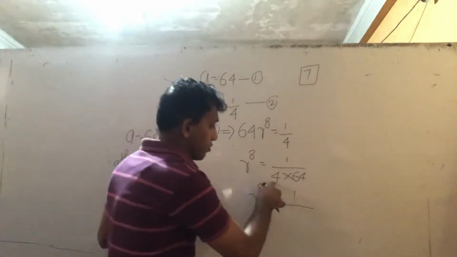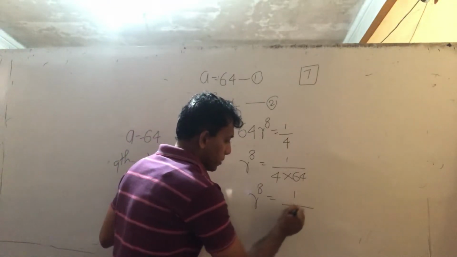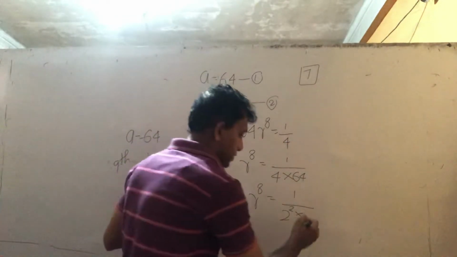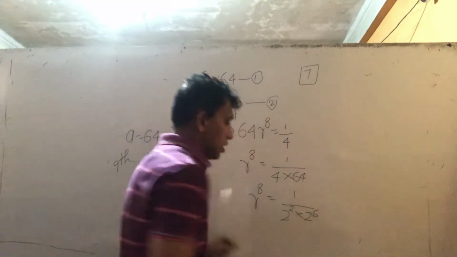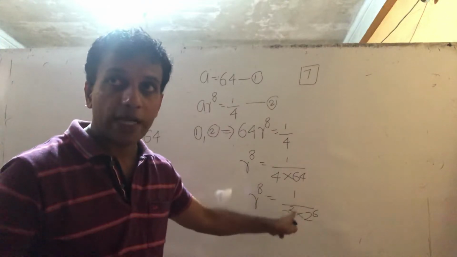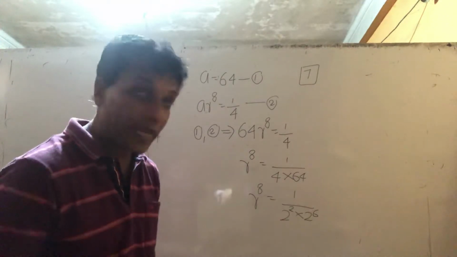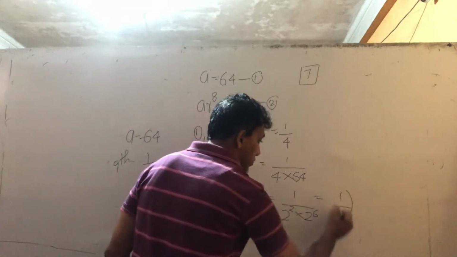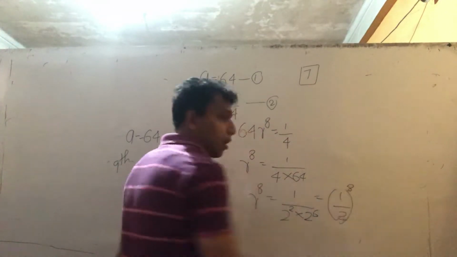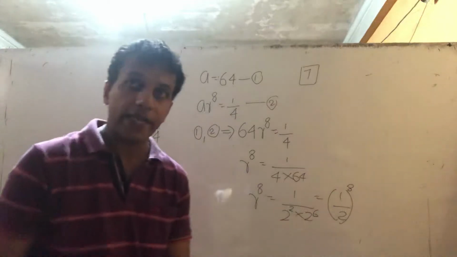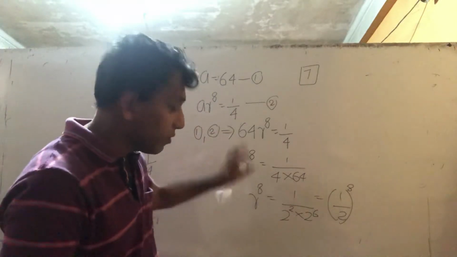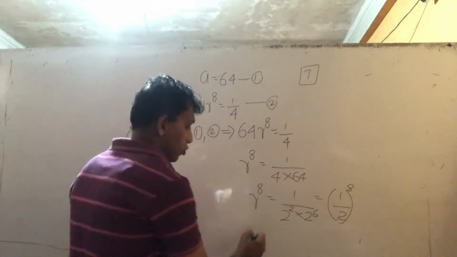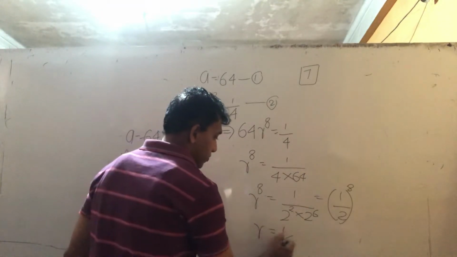Otherwise I will show 4 is 2 squared, and 256 is 2 to the power 8. Therefore the bases are equal, with power 8. So I can write this as half to the power 8. Therefore both sides have equal powers, so the bases are equal, right? Therefore the common ratio is half.